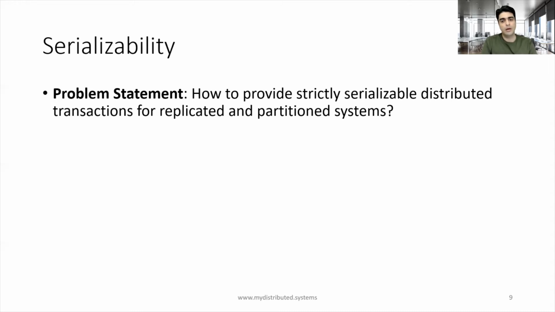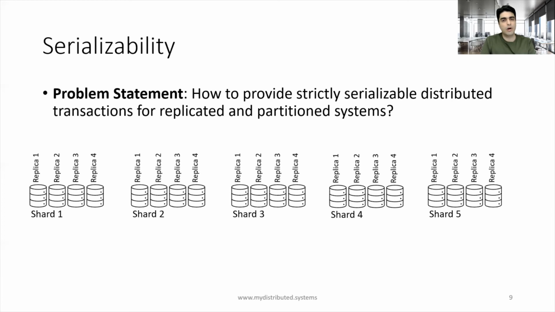But on the other hand, to provide higher availability, durability, and be more scalable, we make copies of our data. So for each shard, we have a couple of replicas, right? So the data is sharded, shard 1, shard 2, shard 3, and shard 5. And each shard has a couple of replicas.